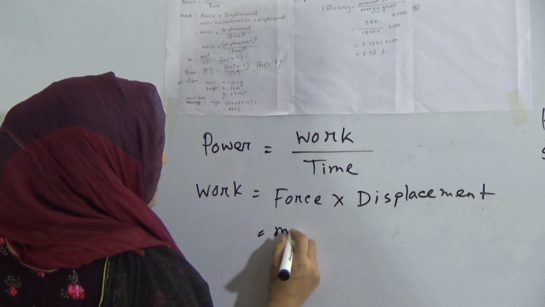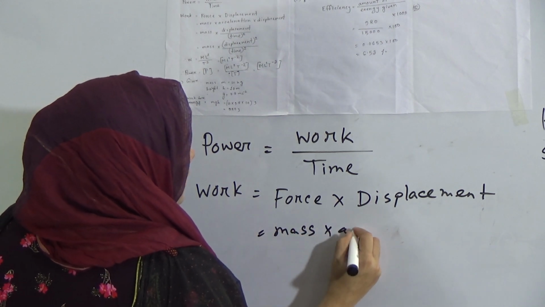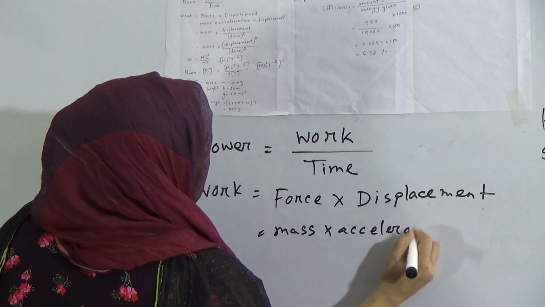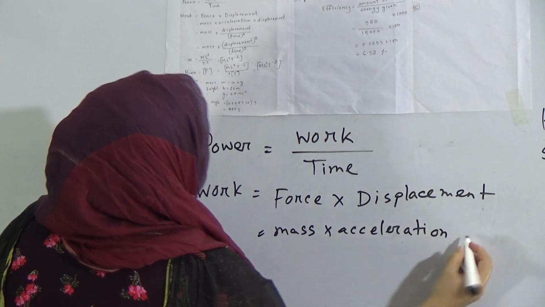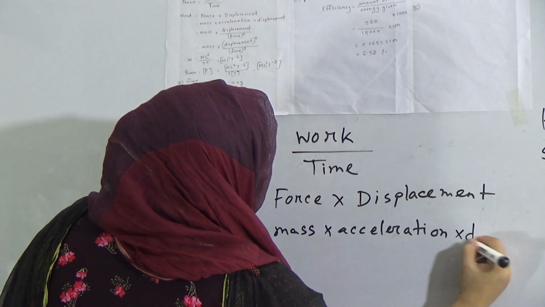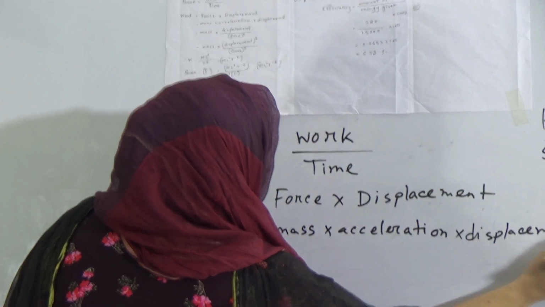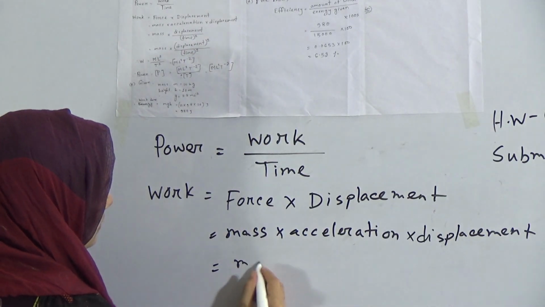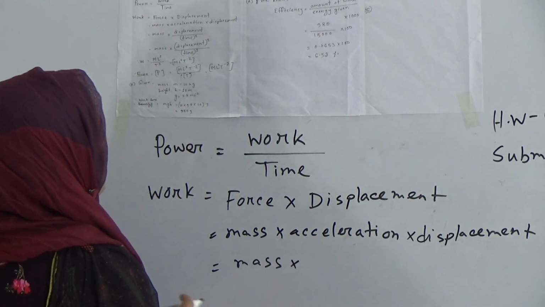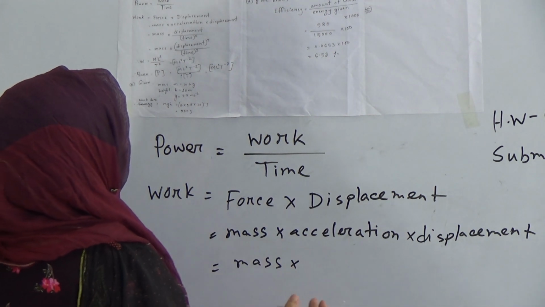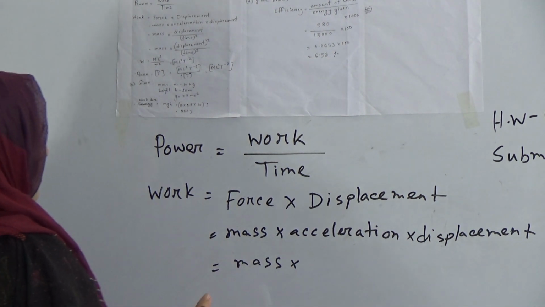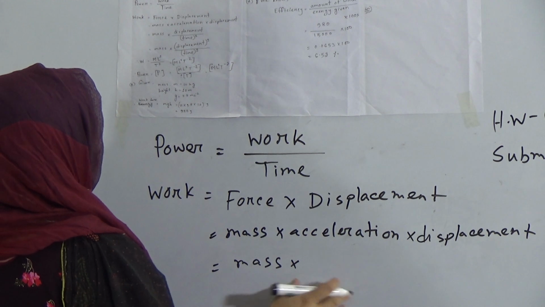So, write mass into acceleration and into displacement. Then acceleration means displacement divided by time square.